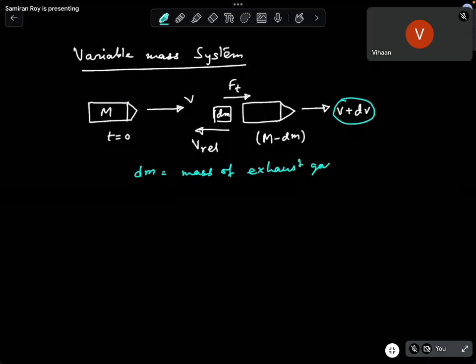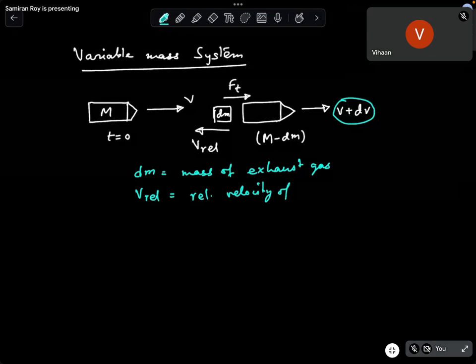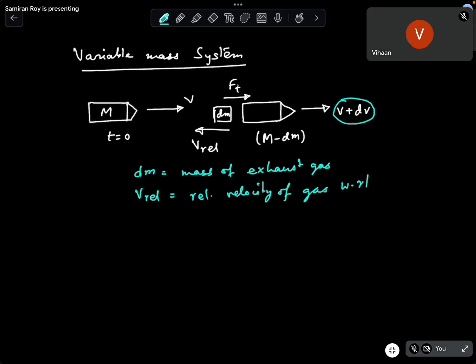Clear? What is v relative? v relative is the relative velocity of the exhaust gas with respect to the rocket. Clear?